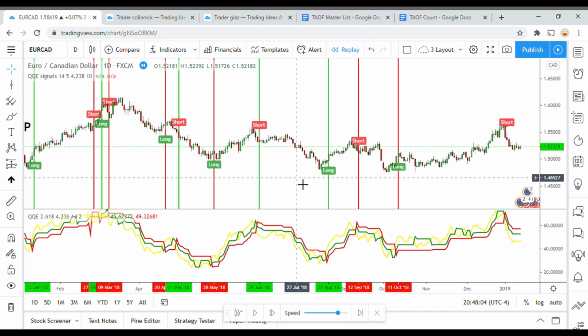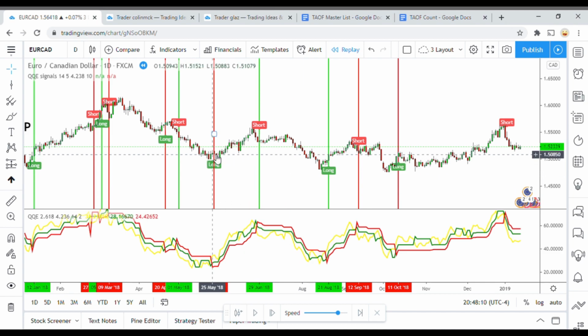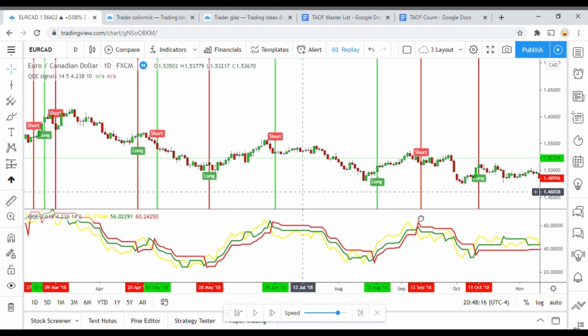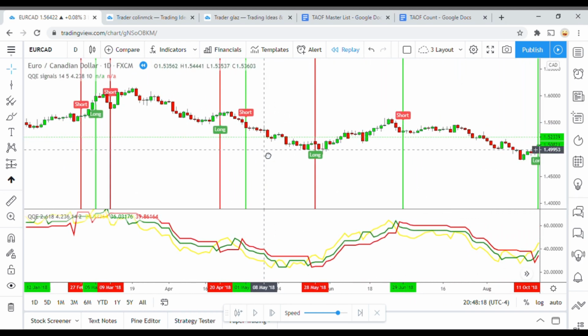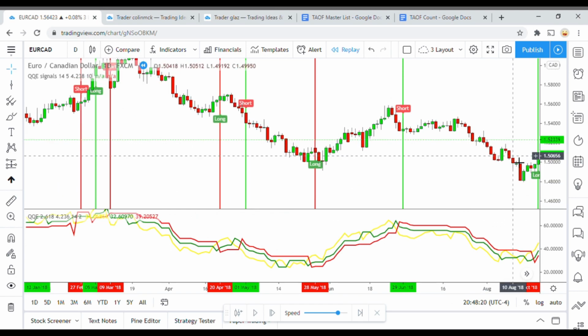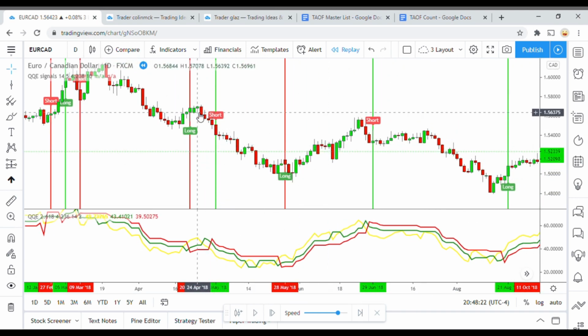But yeah, when it comes to calling points of reversals kind of at the bottom, it seems to do a relatively decent job. I mean, if you were in this trend here, let's just dial into this a little bit.